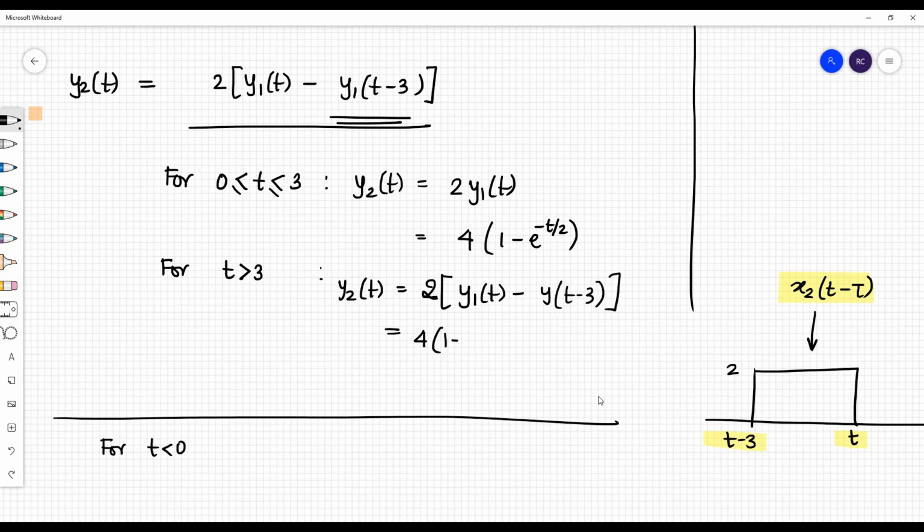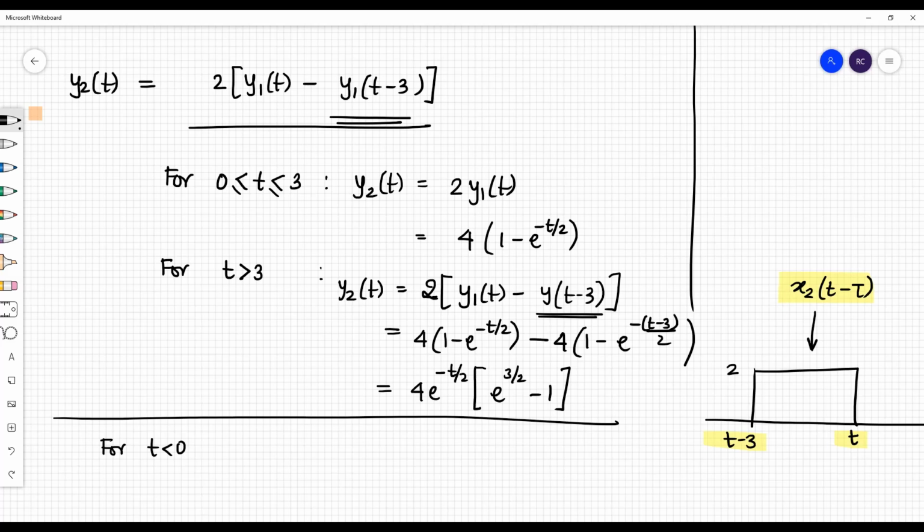So you'll get 4(1 minus e to the power minus t by 2) minus 2 times y1(t-3), so 4 times (1 minus e to the power minus (t-3) by 2). Okay, just plugged in t equal to t minus 3 in the same expression of y1. So if you simplify this, you will get 4 e to the power minus t by 2. If you take it out common, you will be left with e to the power 3 by 2 minus 1.